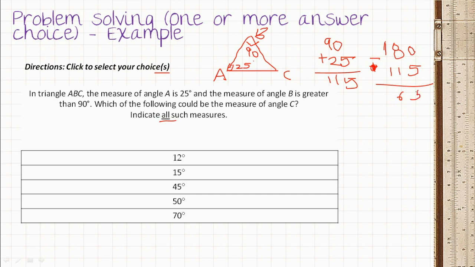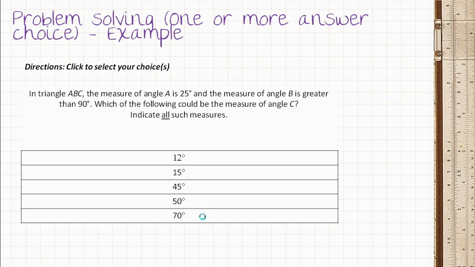Now that means that C will always be less than 65, because B is always greater than 90. So according to our options given, all these options will be correct and you'll be able to select all of them. Don't worry. Hope you understand this example and the solution.